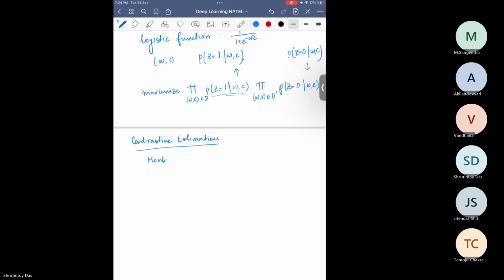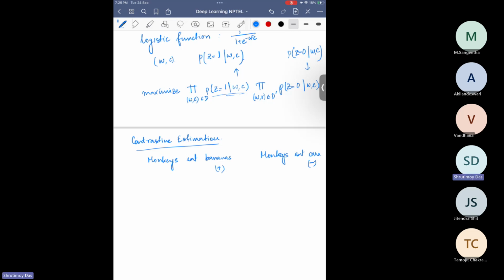One is eat banana, and the other is, say, eat cars. We know that the first is a positive sentence and the second is a negative sentence, and somehow we want to give a score for each of these sentences.